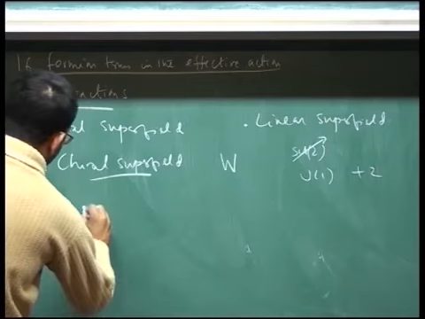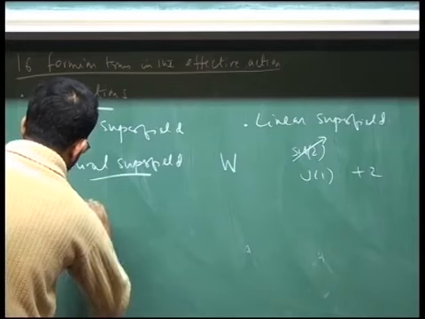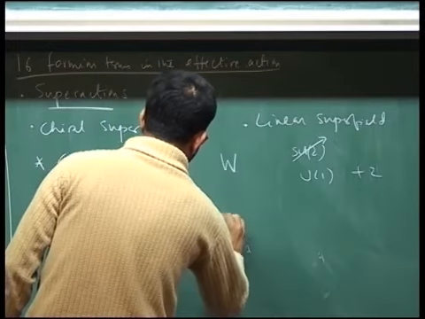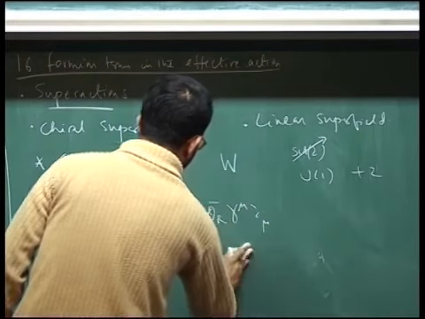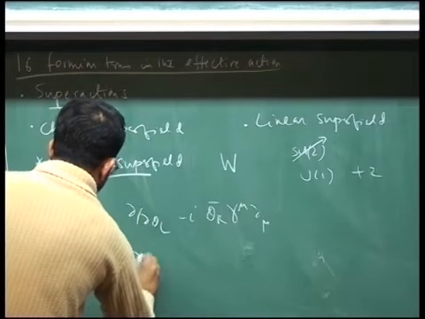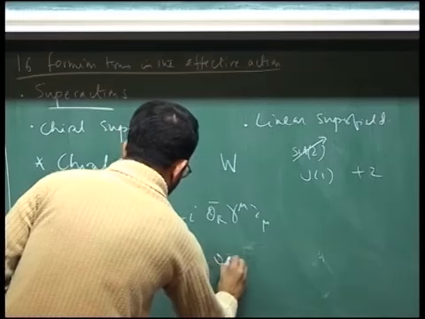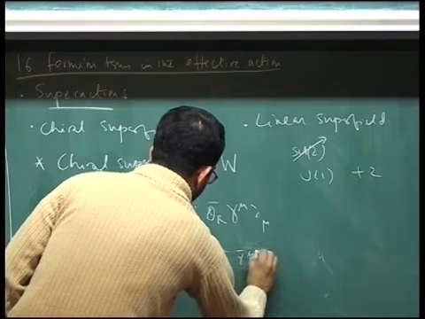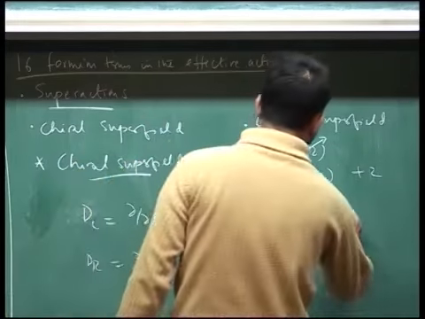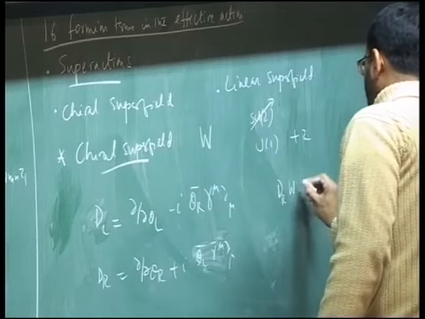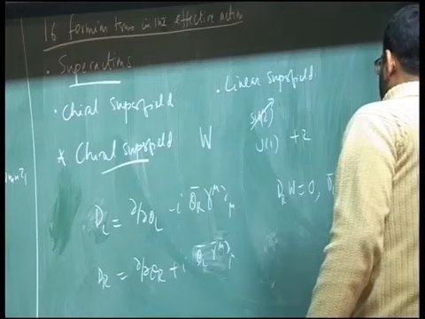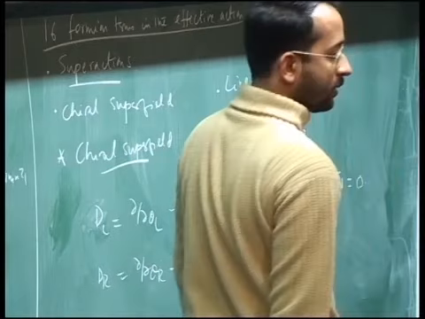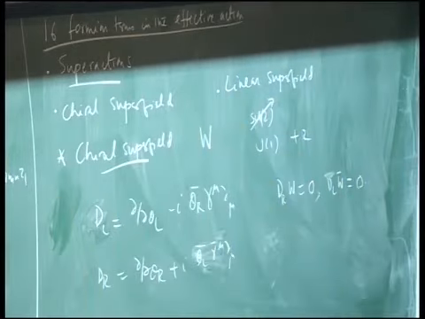And if I define supercovariant derivatives, superderivatives, excuse me, D_L is equal to, in a standard way, ∂/∂θ plus γ^μ θ̄ ∂_μ, and of course this satisfies D_R W = 0 and D̄_L and D_L W̄ = 0 in a standard way. In other words, it's a function of θ and not θ̄.